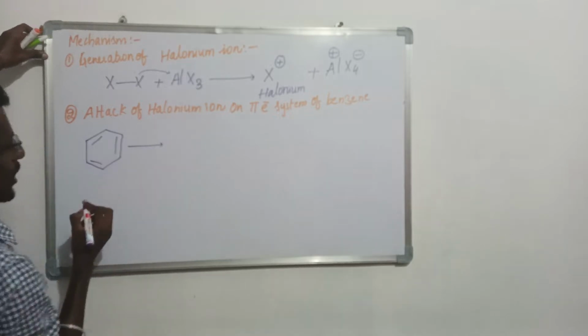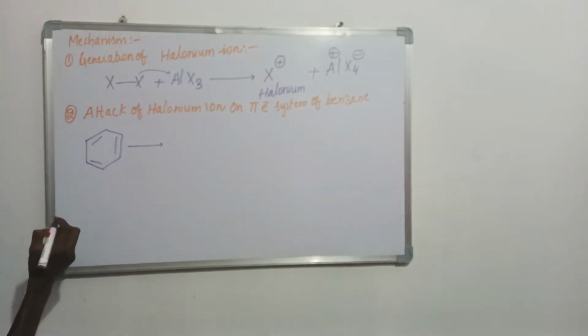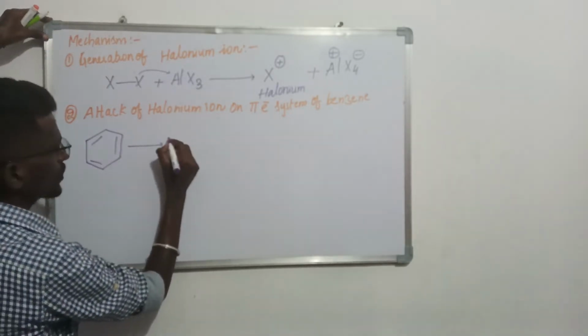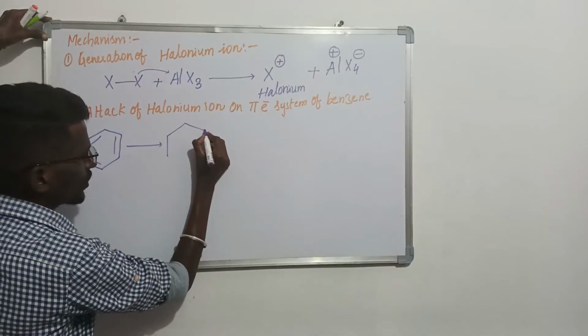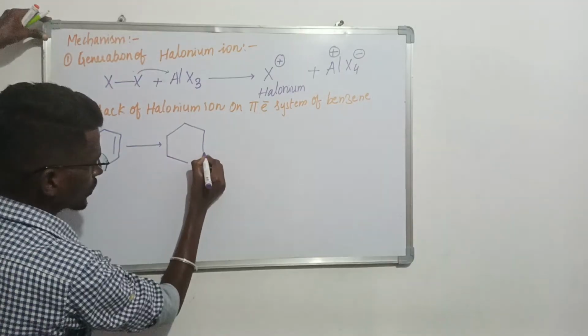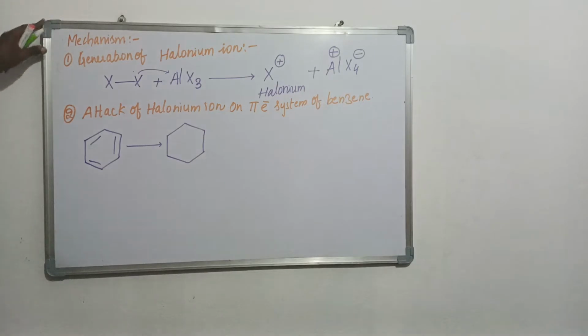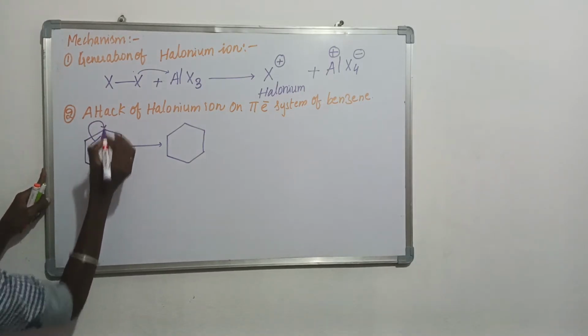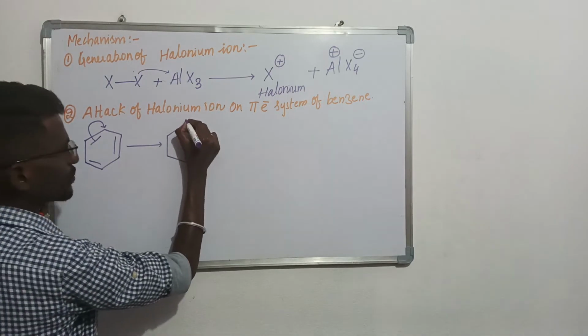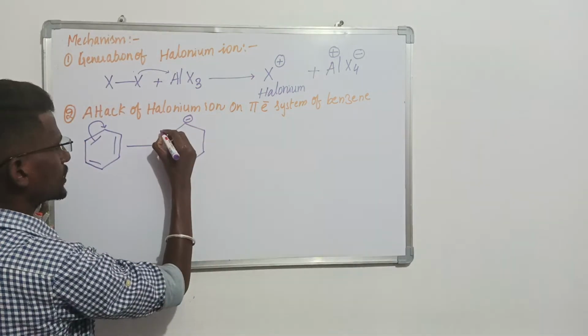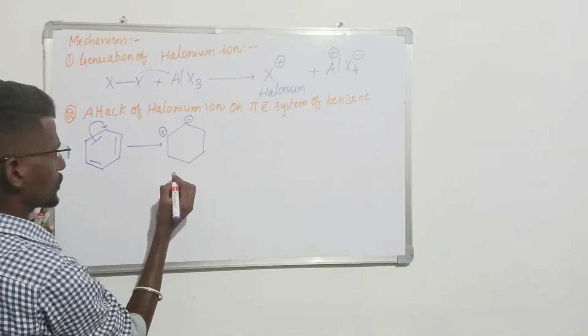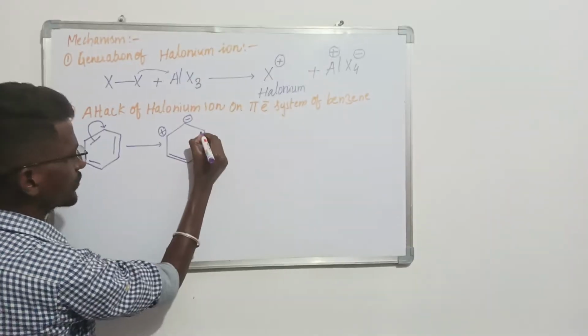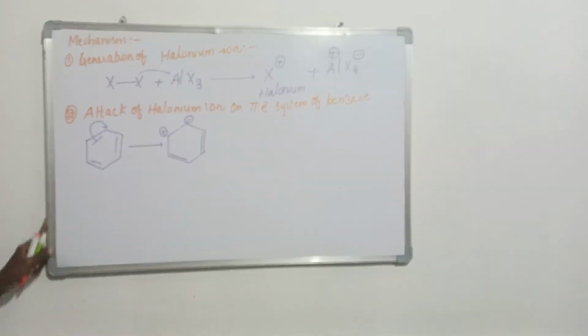Benzene undergoes halogenation in the presence of this electrophile, the halonium ion. When these bonds shift towards this carbon atom, that carbon atom gets a negative charge and this carbon atom gets a positive charge. The same double bond system will be present over here.